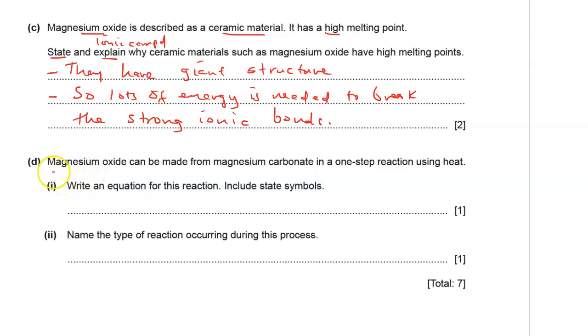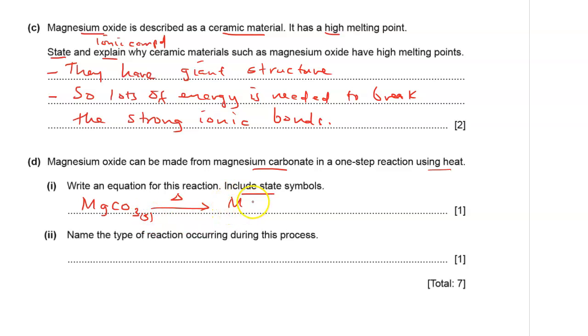Very well. Part D. Magnesium oxide can be made from magnesium carbonate in a one-step reaction using heat. Write an equation for this reaction. Include state symbols. Magnesium carbonate will decompose when heated. Magnesium carbonate is solid.